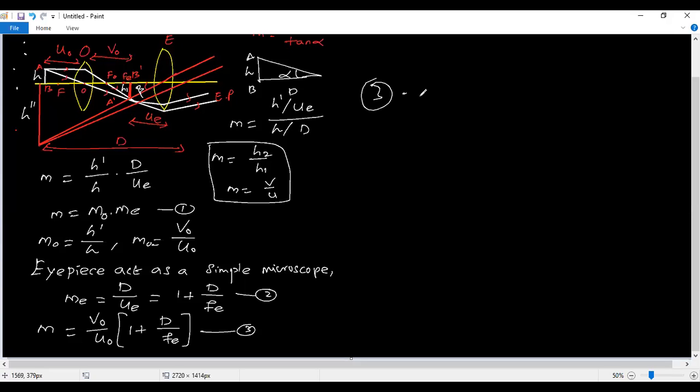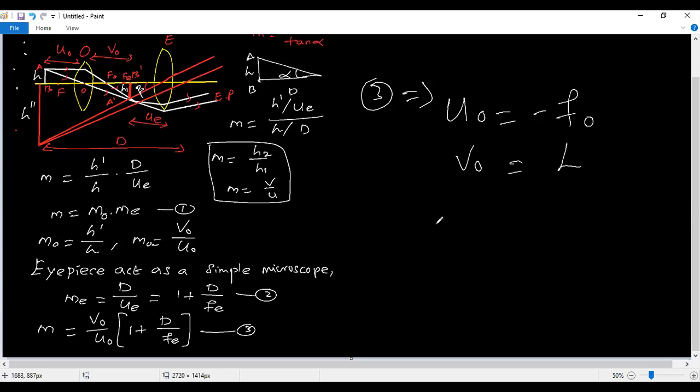In the third equation, again I am rewriting: u naught value is equal to minus f naught, and v naught value is equal to L.